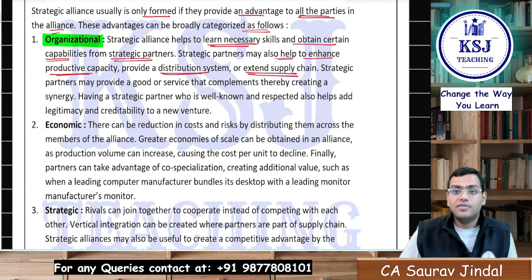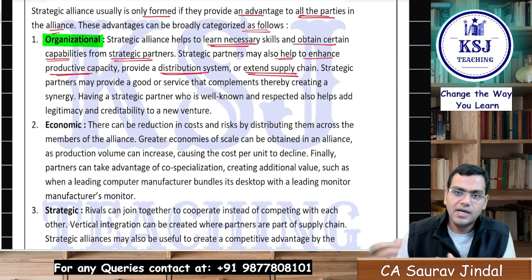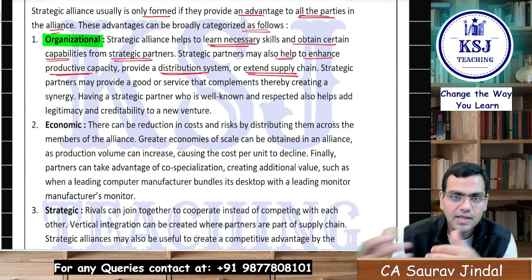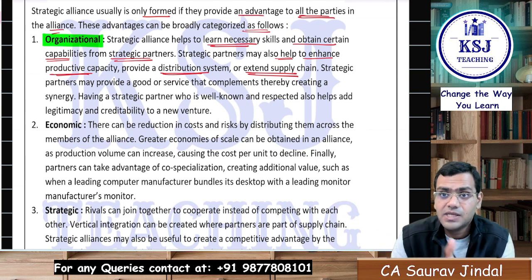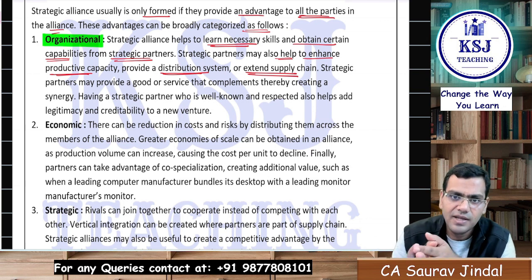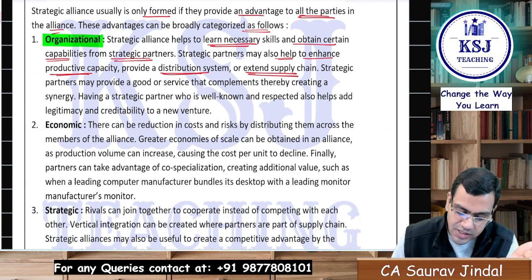They can extend their website, right? XYZ already has a website on which they are selling the shoes. Now they extend the website to ABC Limited, saying you can sell your garments also on my website. That's totally fine, right? The strategic partners may provide a good or a service that complements, thereby creating a synergy, right?